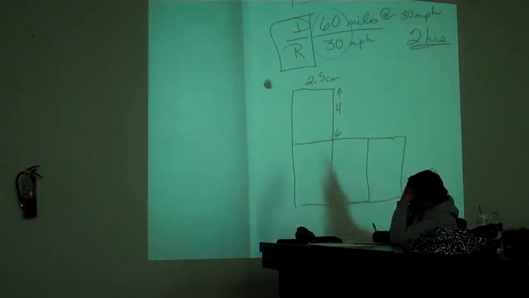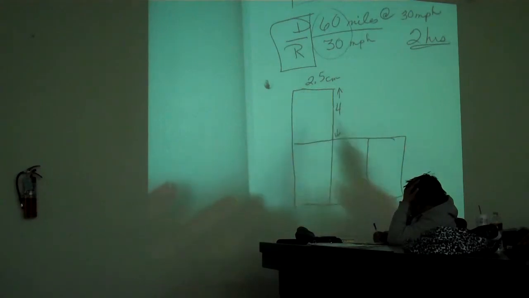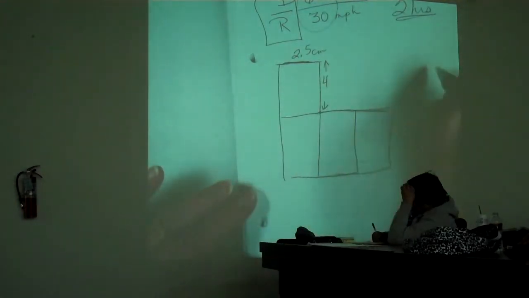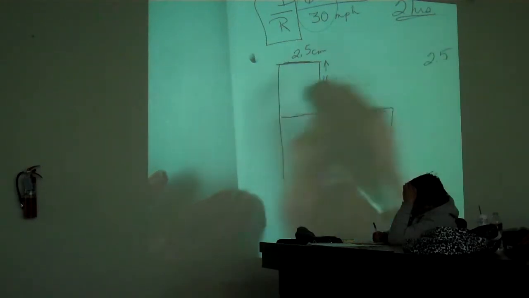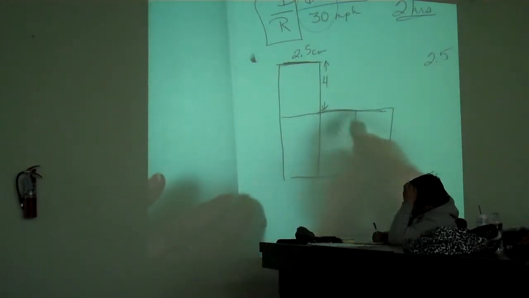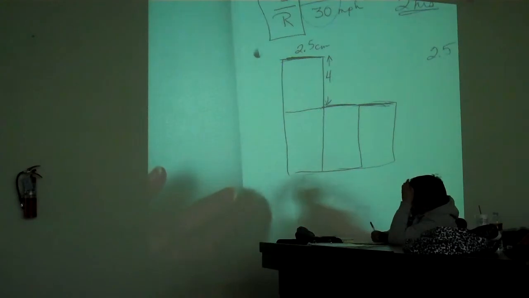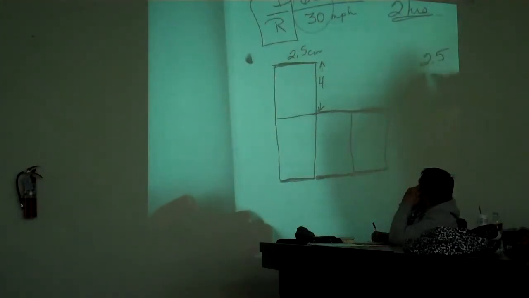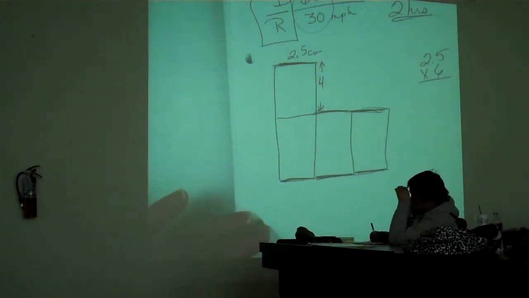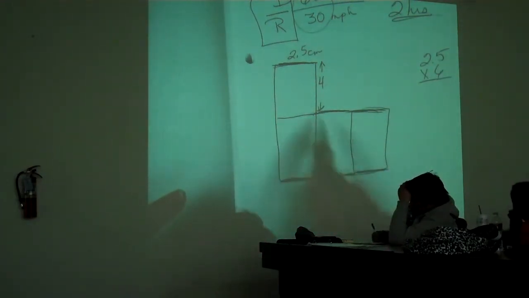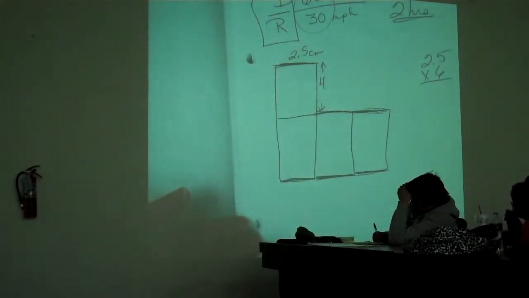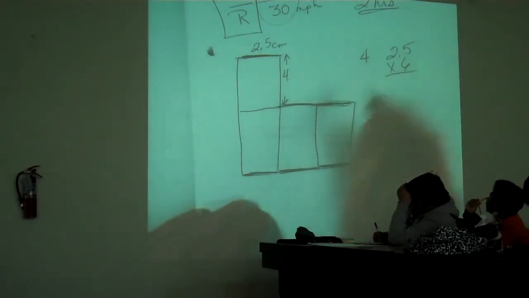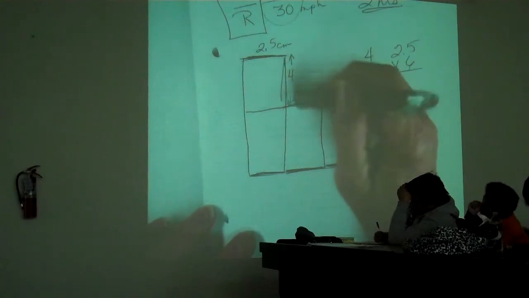Okay, how many 2.5s, the distance 2.5, how many of those are you going to have here? You've got 1, 2, 3, 4, 5, 6. So multiply that times 6 to get how far these are right here. How many 4 or 4.0s are there?